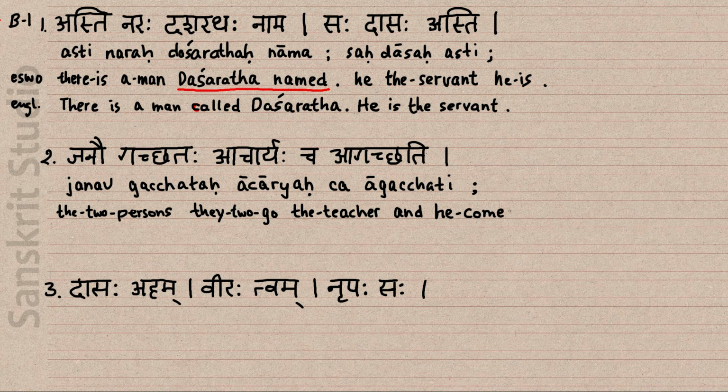Gacchati is "he goes," and agacchati is "he comes." So that's the ESWO line, Sanskrit word order, and now we have to clean it up a little bit.